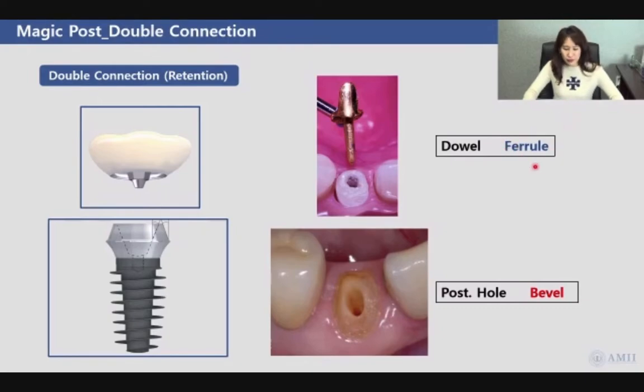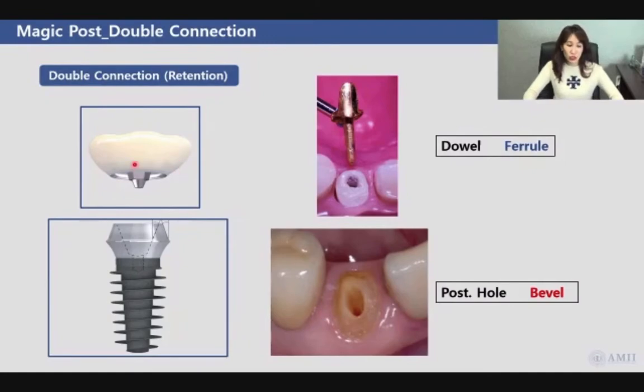The ferrule effect of the magic post is like the dual crown of the post-core crown. So this type of crown, the special type of crown that we have, magic crown.